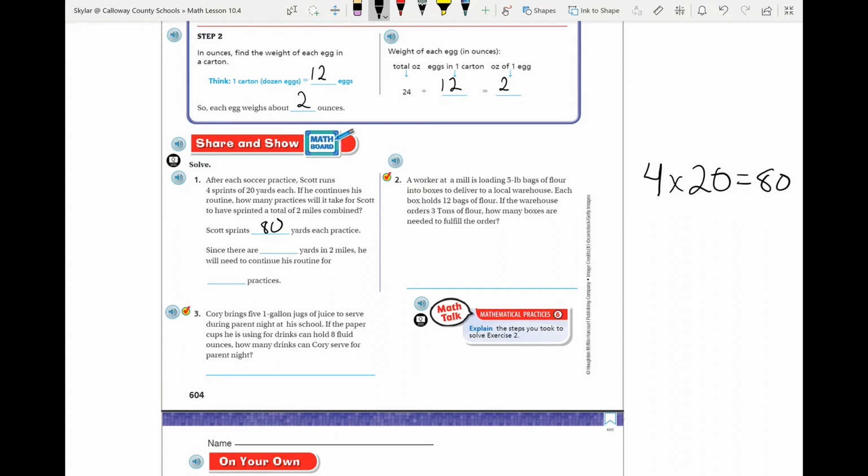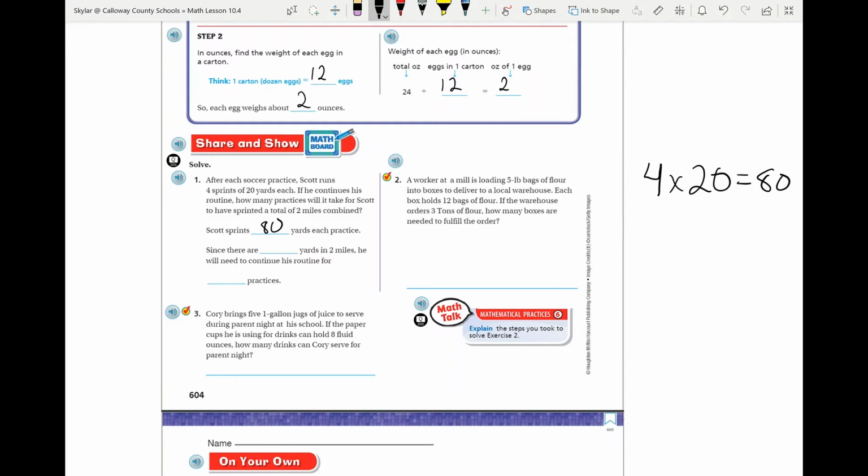He's trying to get 2 miles. So we need to find out how many yards there are going to be in 2 miles. Instead of trying to turn 20 yards into like some tiny piece or fraction of a mile, let's just figure out how many yards are in 2 miles.